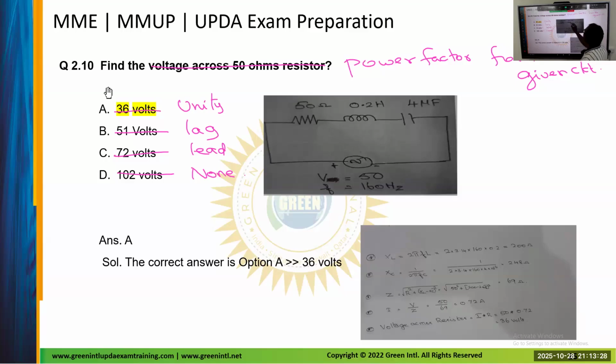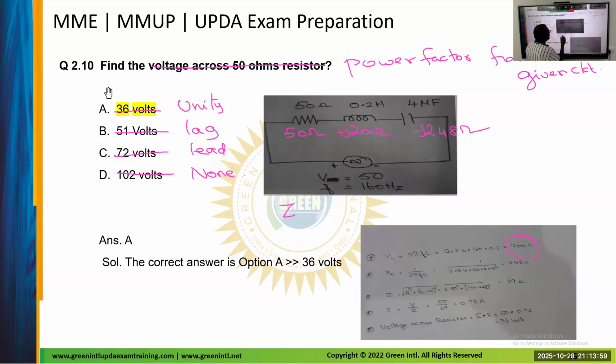So here is 50 ohm, here 200 ohm, 248 ohm, correct? But 248 is a capacitor reactance. So capacitor reactance is denoted by minus j, and 200 inductive reactance is denoted by plus j.